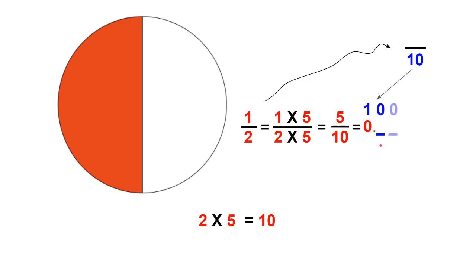So if we chose 100, we would have 2 placeholders, which we would need to fill with numbers. So again, in this case, we chose 10, so it's only one placeholder, and then we place the numerator right here. And we get that 1/2 equals 0.5.